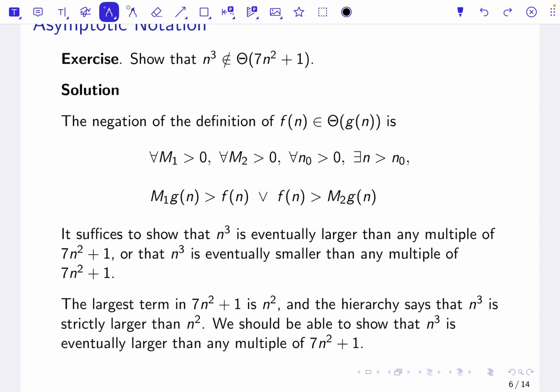So what about a function not being in big theta of another function? You'll have to negate the definition as usual, and it'll result in a slightly different proof structure. It starts off familiarly enough.